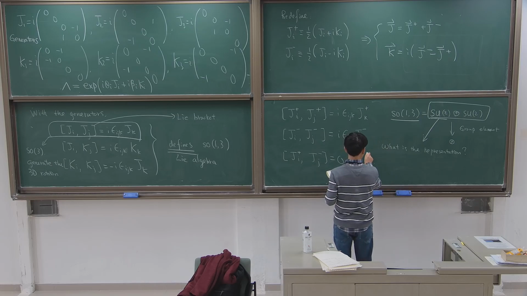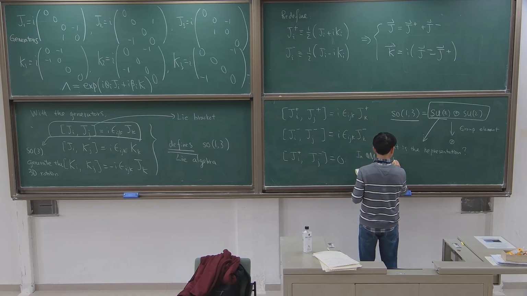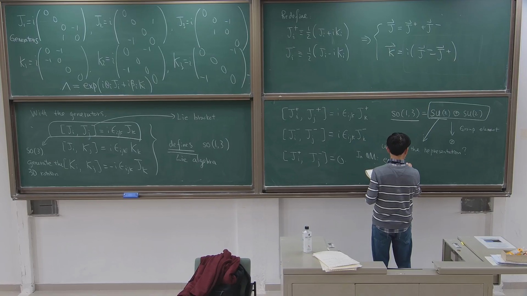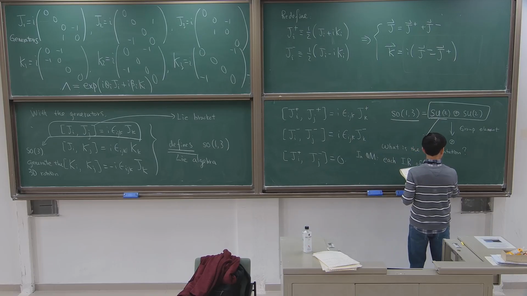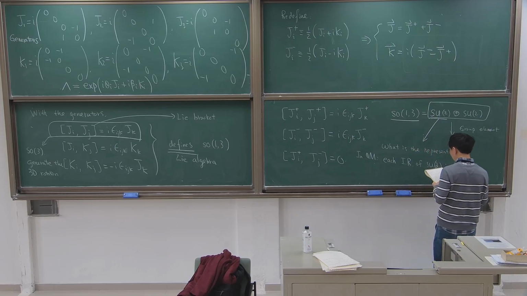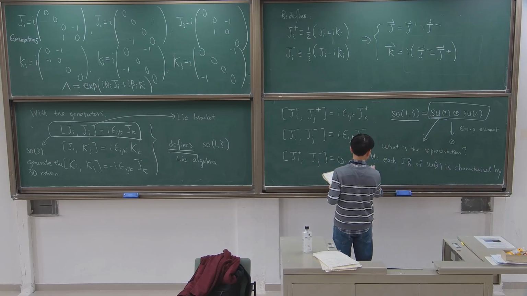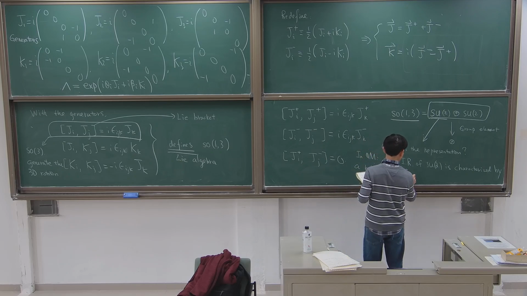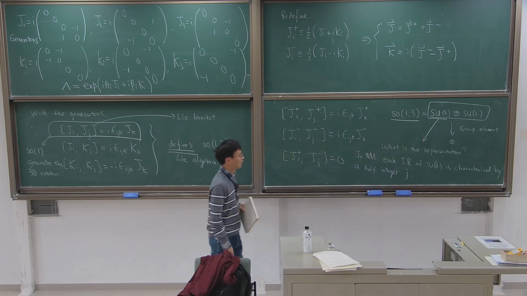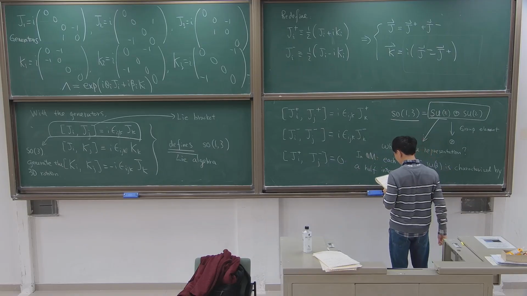In particular, in your QM course, we already learned a lot. For example, we already learned that each irreducible representation of SU(2) is characterized by a half integer, say j. That's a property of SU(2).